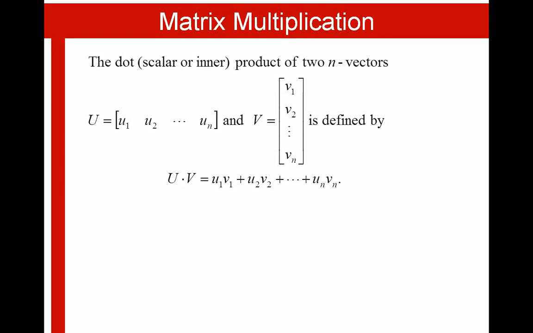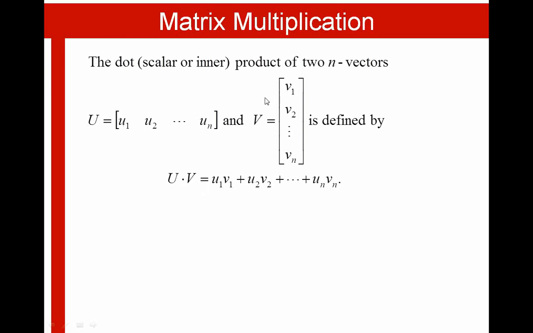Matrix multiplication. In order to multiply two matrices, we need to apply the concept of the dot or scalar or inner product of two n vectors. How this is accomplished is as follows. If we have a matrix U, which is a row matrix, and a column vector V, the product of the two together is obtained by multiplying the corresponding elements.